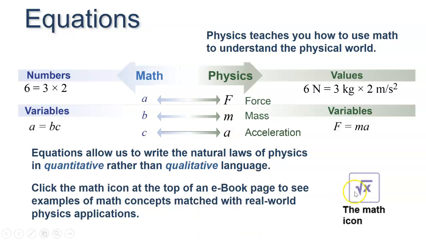So then any type of math problem, our textbook is really helpful. You have this little icon on the top of your screen there, and it can take you to see examples of math concepts that are actually applied in physics. So it kind of gives you more context of why we're doing this type of math.